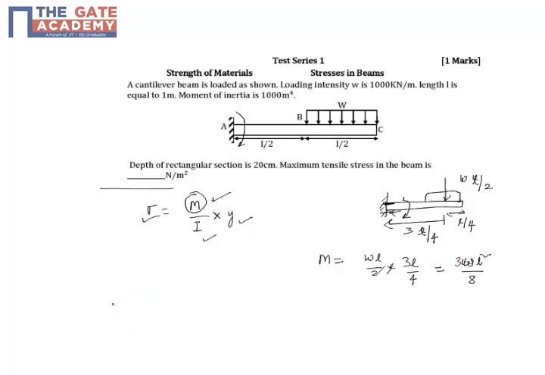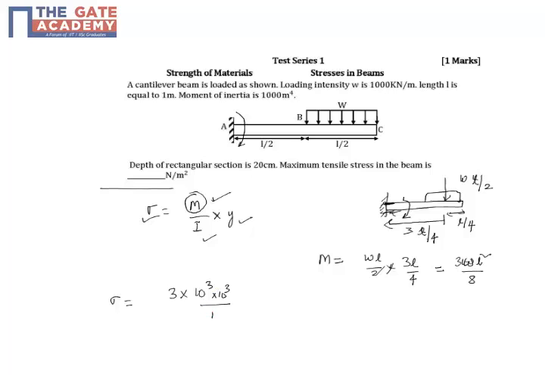So now everything I know, I'll just substitute into this formula. W is 10 power 3 kilonewton per meter.